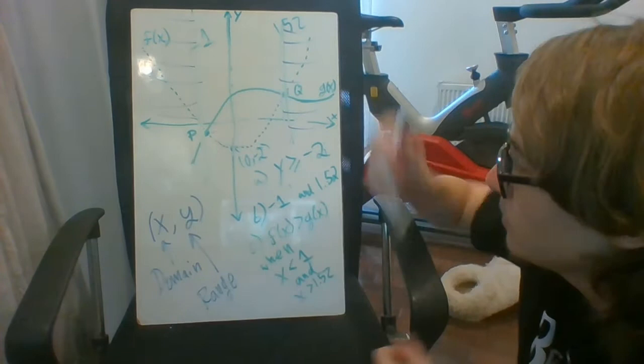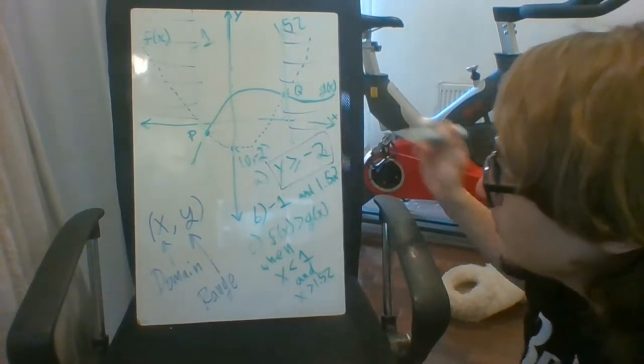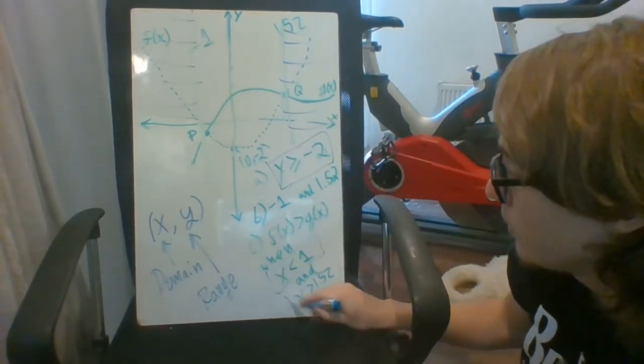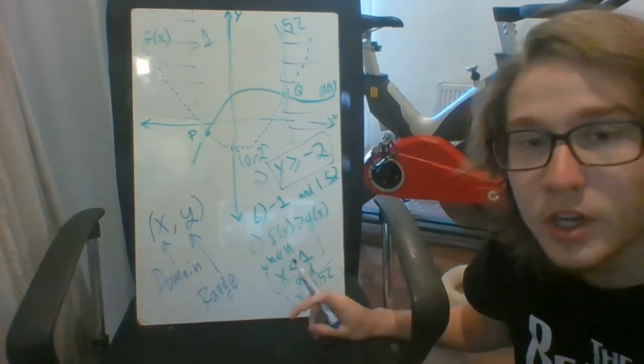Also, the way I wrote that, y greater than or equal to -2, or x less than -1, or x greater than 1.52, there are a lot of other ways to label it.